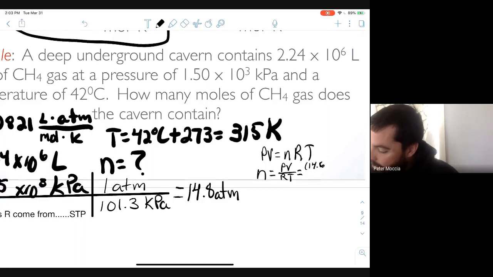14.8 ATM times the volume is 2.24 times 10 to the 6th liters. Okay, then we're going to divide by 0.0821 liters times atmospheres over moles times kelvins.